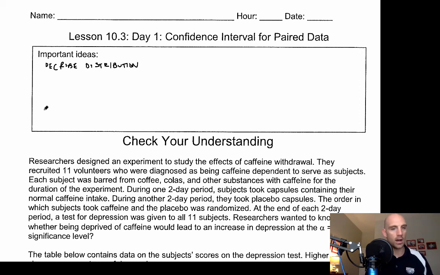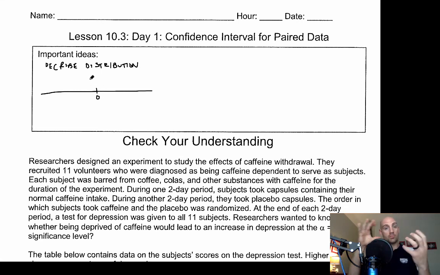we're going to have a number line here. In the middle is going to be 0. When we're making this comparison, we're subtracting, and so the possibility exists that we have some negative values. The possibility exists that we have some positive values. If it falls this way on our distribution, then that would mean the second is larger.